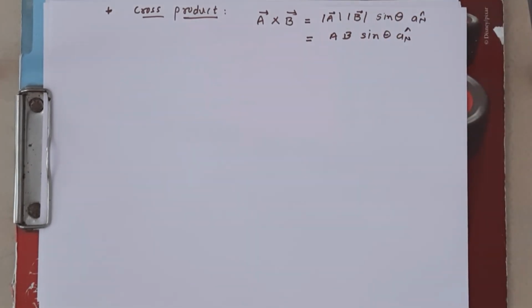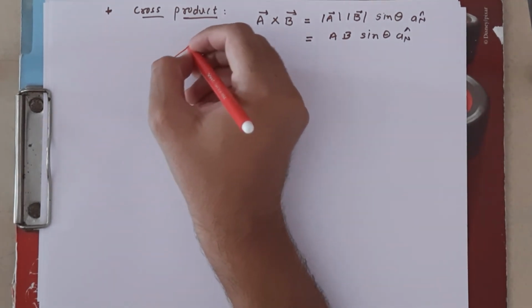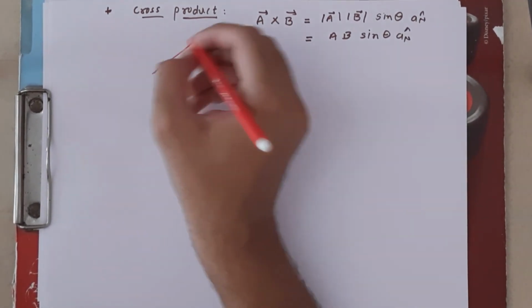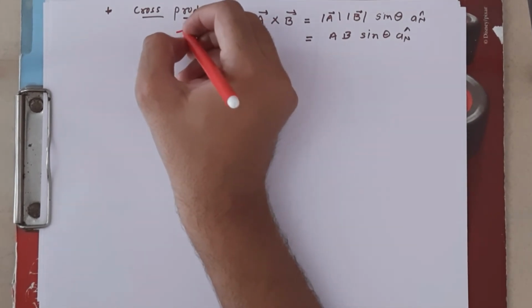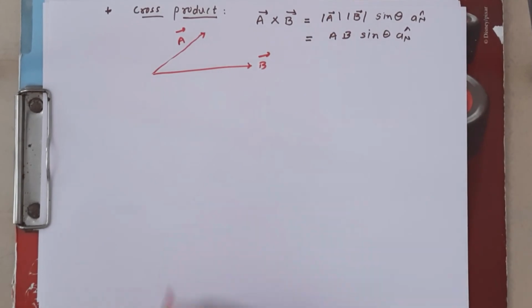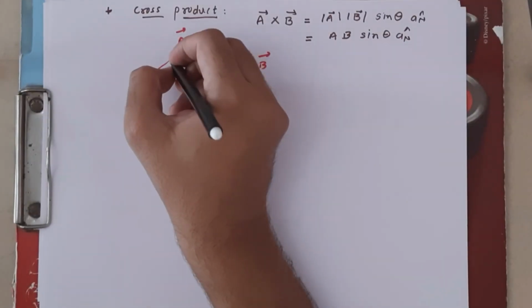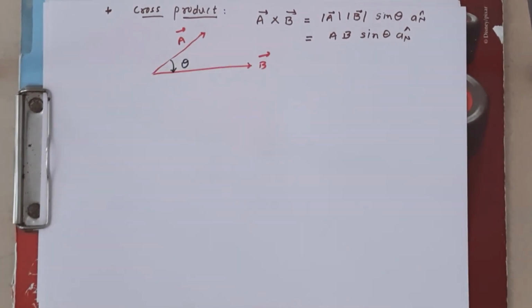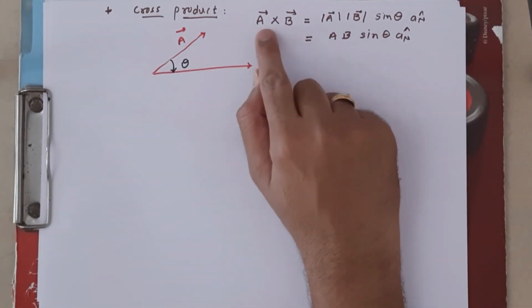Okay, so here two vectors are given. Vector A is given and vector B is given, and theta is nothing but the angle between vector A and vector B. Now see how to do the cross product between two vectors.